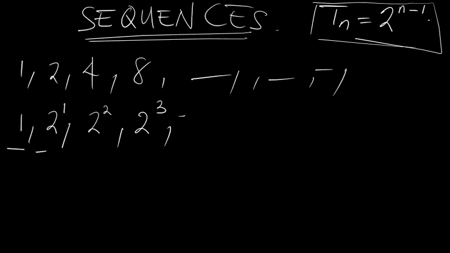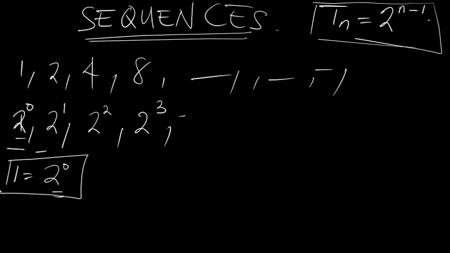Now, the 1 is equal to 2 raised to power 0, because anything raised to power 0 is equal to 1. So that means you have here 2 raised to power 0, 2 raised to power 1, 2 raised to power 2, 2 raised to power 3.